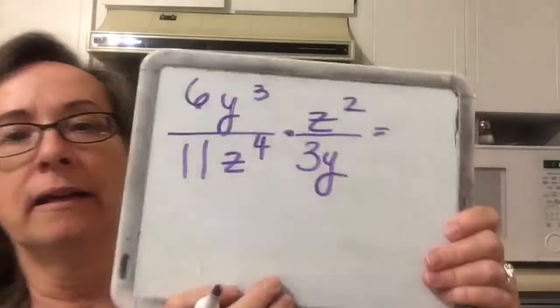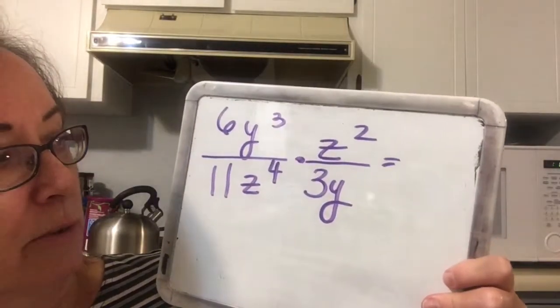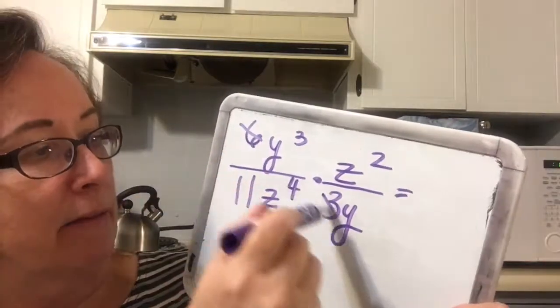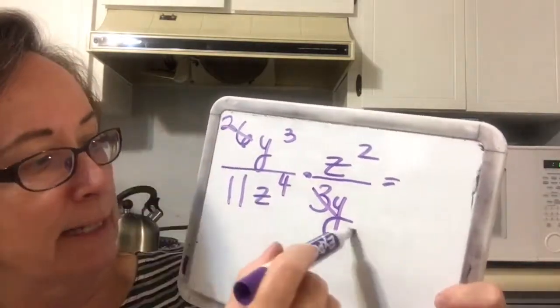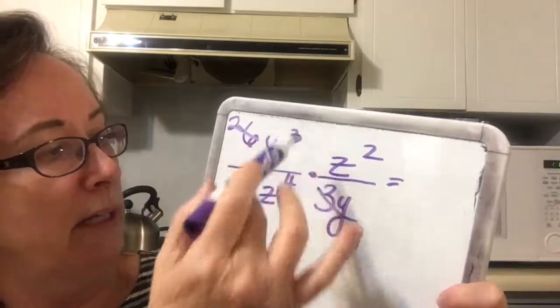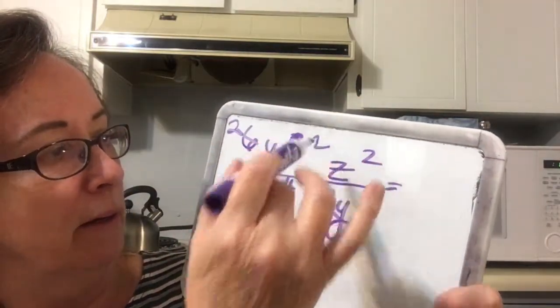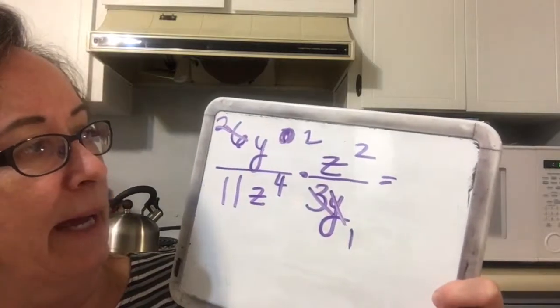Okay, so the next one is not too complicated. We have a 6 and a 3, so we're going to cancel out the 6 and the 3. We've got a y cubed and a y, so I'm going to just make this a y squared and cancel out that y.